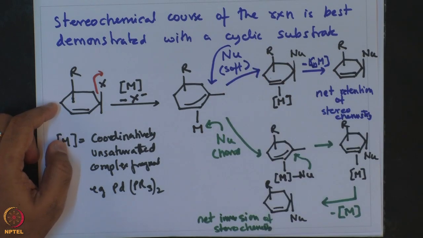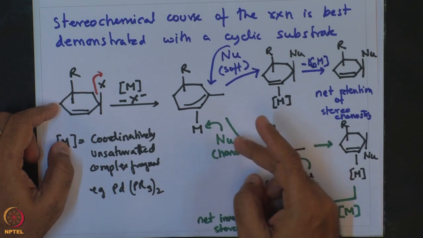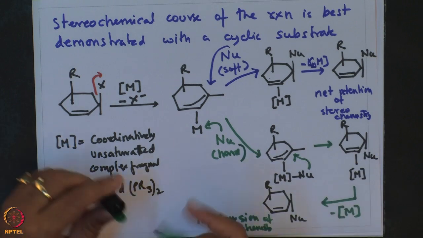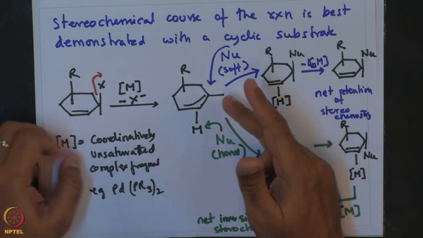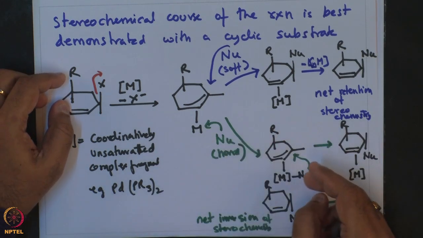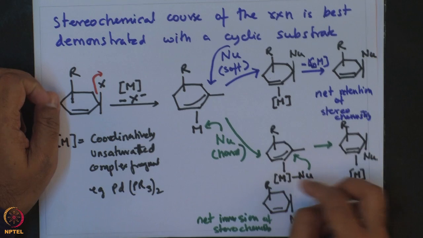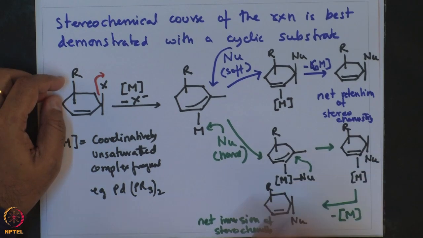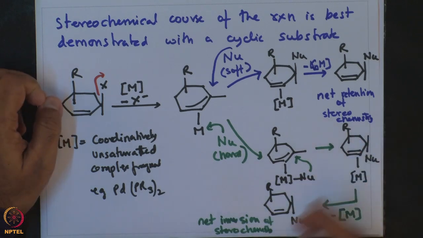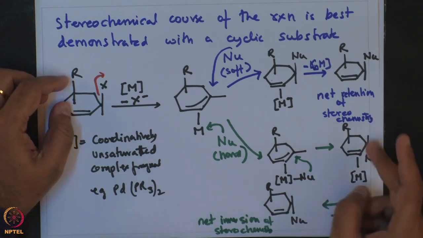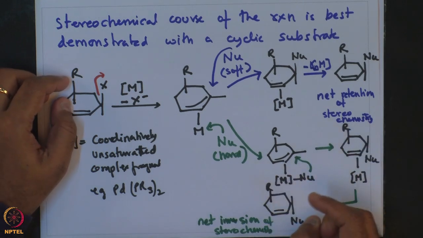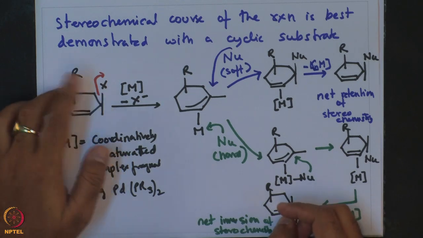However, the scenario is different when the nucleophile is a hard nucleophile. In this case, the hard nucleophile, instead of attacking at the alpha allylic position, attacks the metal and first binds to the metal, and then the metal-bound nucleophile does one additional step in which the nucleophile attacks from the bottom, from the endo side, resulting in the net inversion of stereochemistry from its starting point.